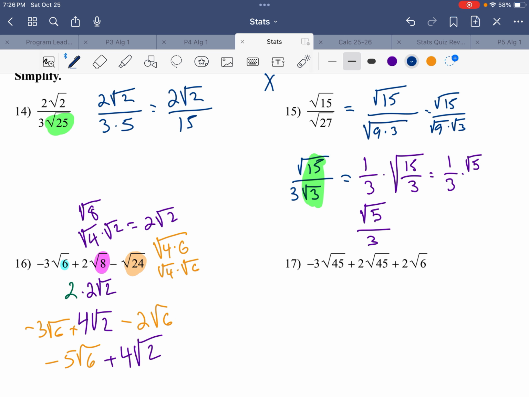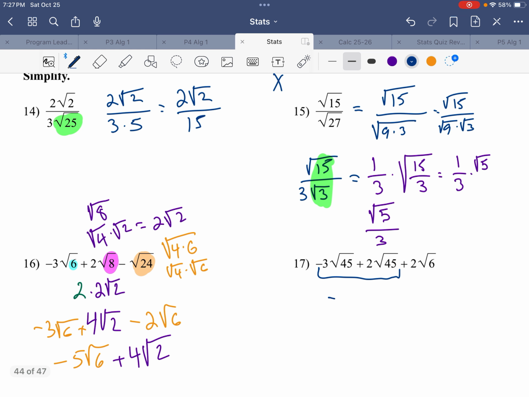For number 17, there probably aren't going to be as many examples that combine them right away. But if they're both in the square root of 45, I can say negative 3 square root 45 plus 2 square root 45 is negative 1, or negative square root 45. And I'm adding 2 square root 6.